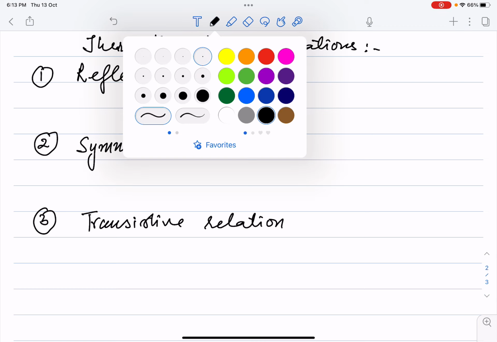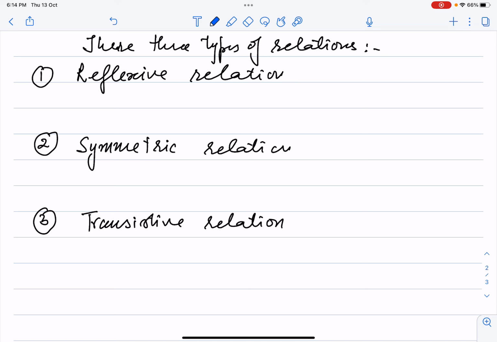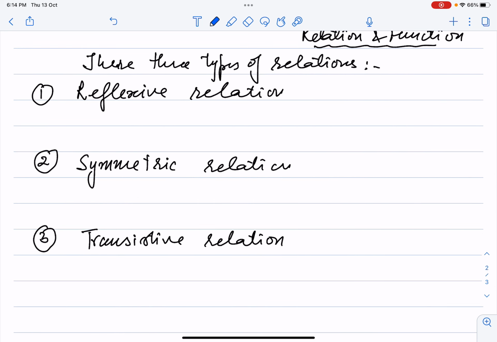Now reflexive relation, what is reflexive relation? Mathematically, a relation R is a reflexive relation if and only if (a, a) belongs to R for all a belonging to capital A.